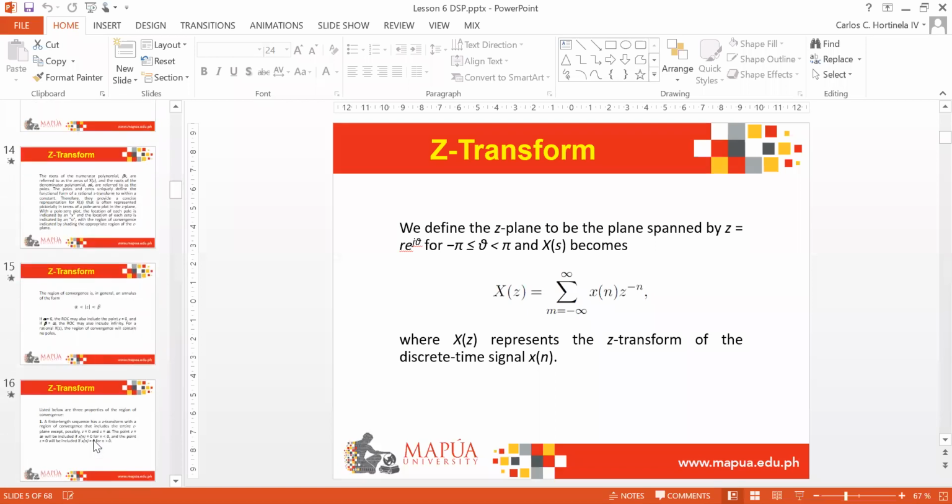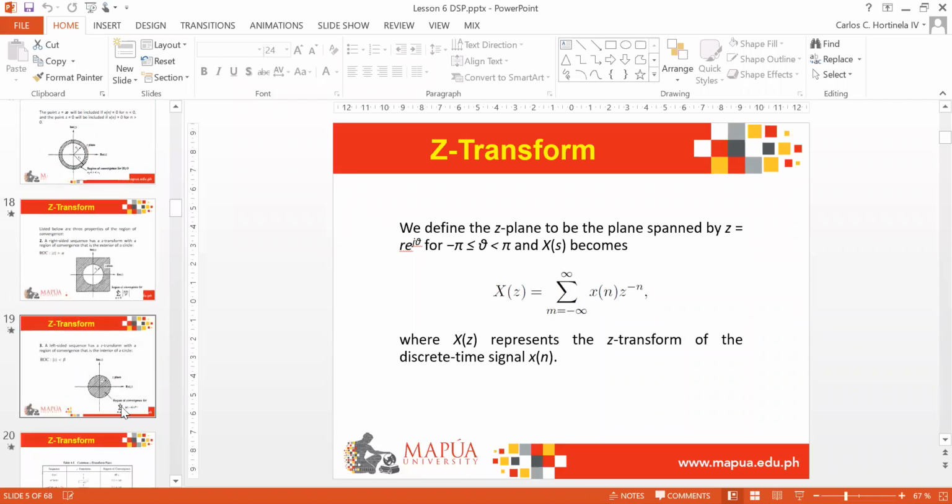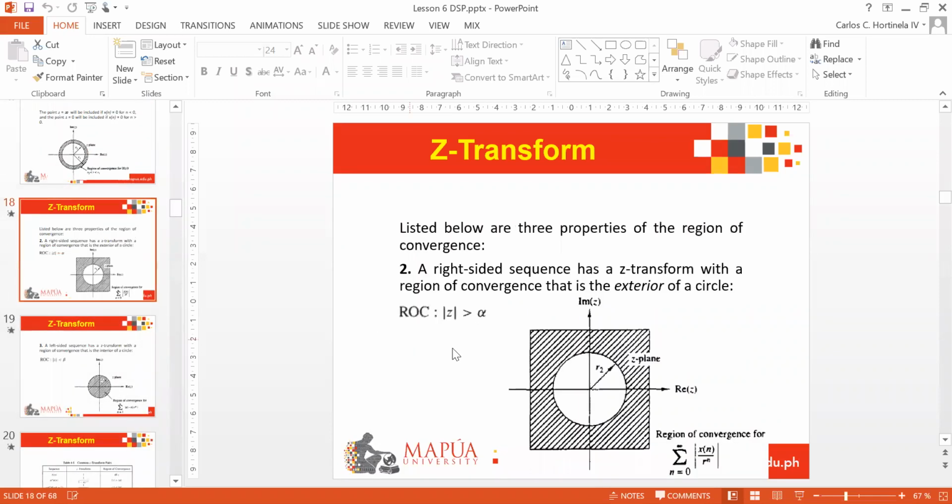And then we learned that there are 3 possible regions of convergence when doing the Z transform. One is the right-handed sequence, meaning the values of my sequence are all on the right. If my input signals are on the right, then you end up with a convergence like this: all values at the exterior of the circle.